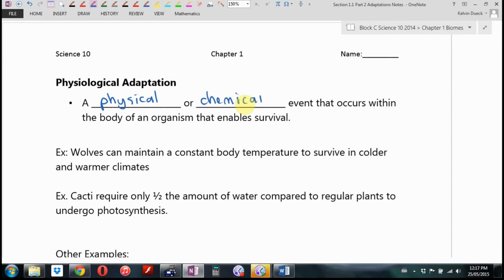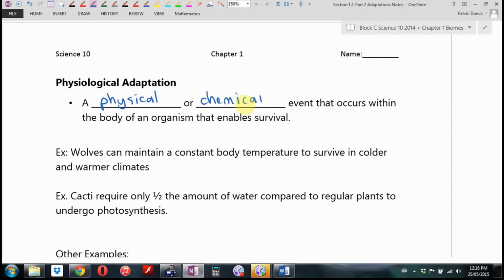For example, wolves can maintain a constant body temperature to survive in both colder and warmer climates. Or there are some cactuses, except the plural of cactus is cacti. They only require about half the amount of water compared to regular plants in order to undergo photosynthesis. That's on their inside. Their structure is different on the inside. Okay.